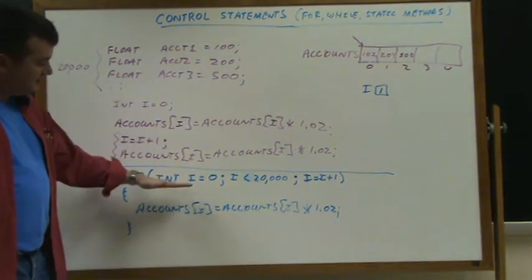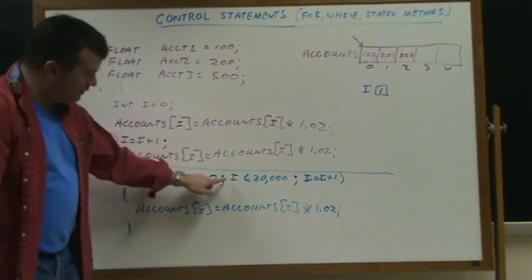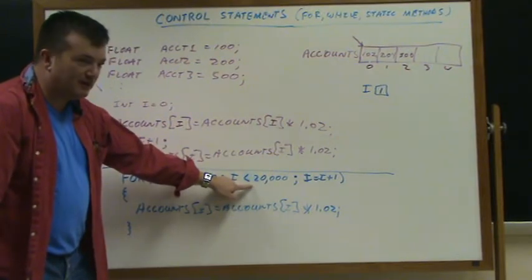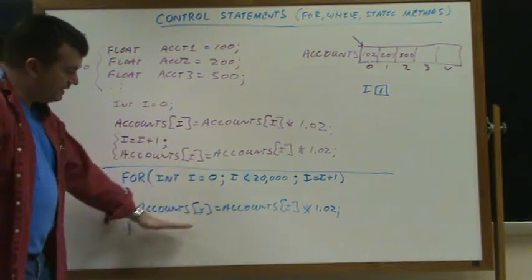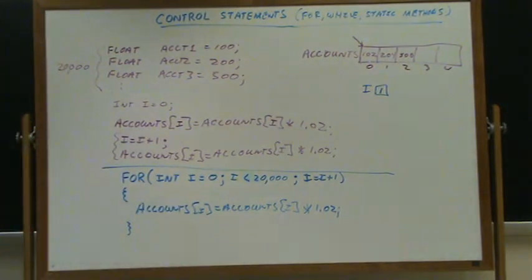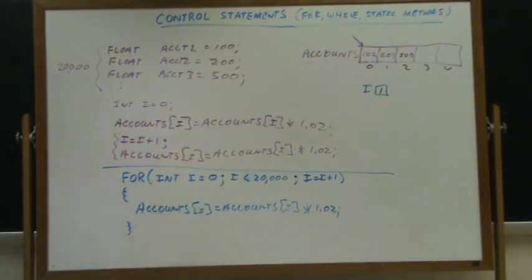This line of code runs, then we come back up to the top, we increment I one more time, and we check, did we go past this boundary? If we haven't, we run this line of code again and come back up to the top. This will take the amount of time it takes to run 20,000 times, but it only took 3 or 4 lines of code, if you count the open paren and close paren as a line.